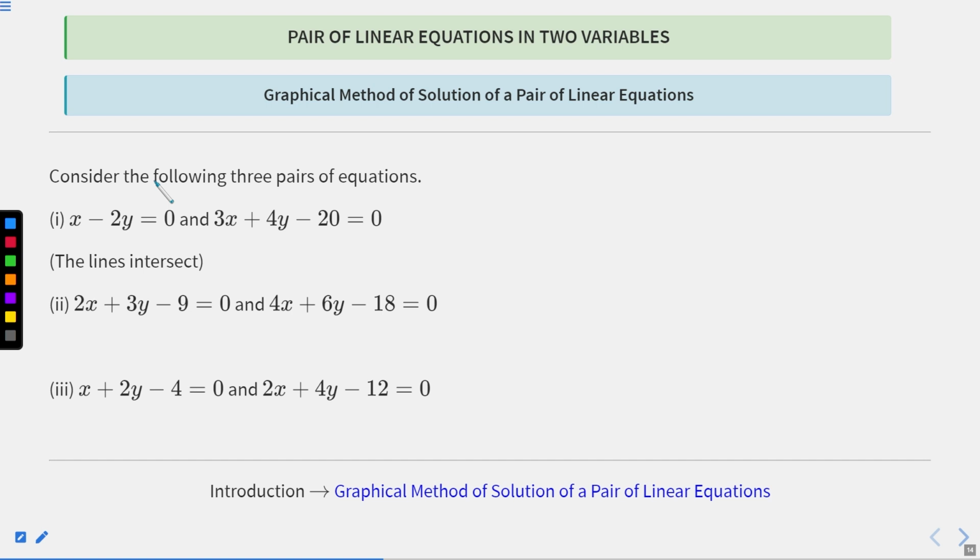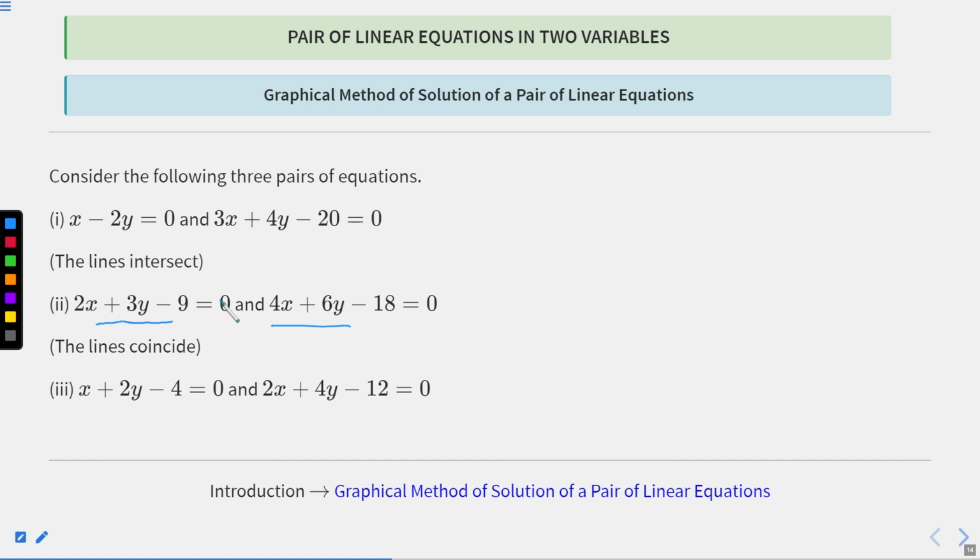In the second one, we have these two linear equations, and you can check graphically that they coincide with each other. This equation is 2x plus 3y minus 9 equal to 0, and this is 4x plus 6y minus 18 equal to 0.